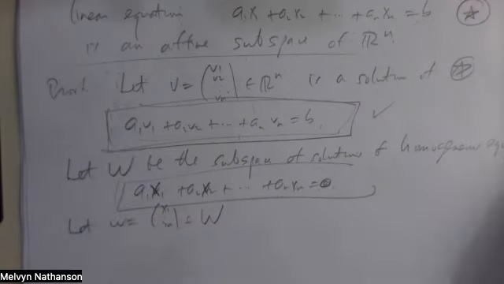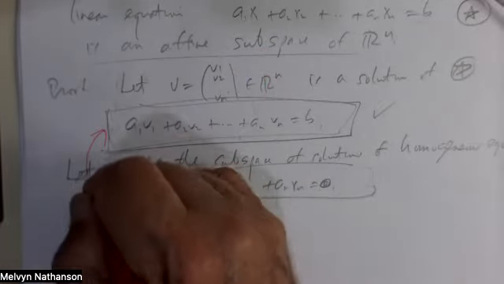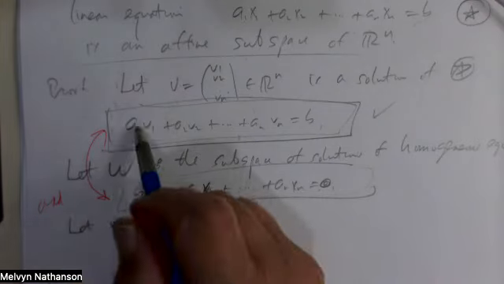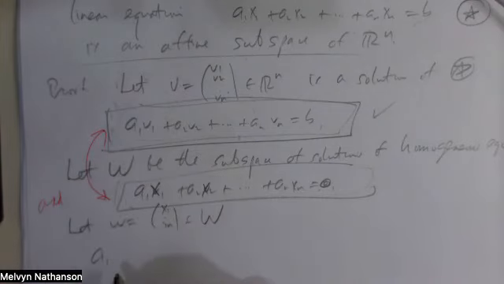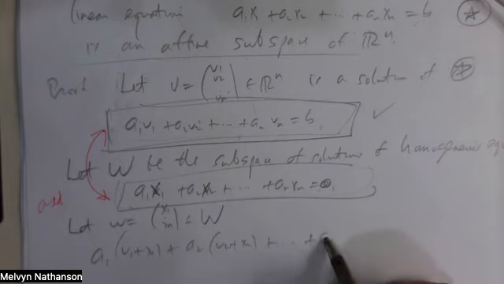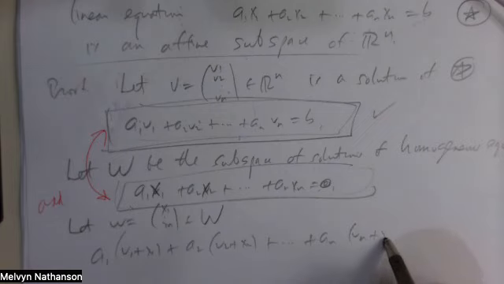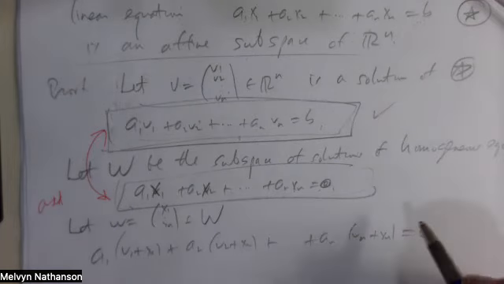Suppose I add these two equations. So I get a1(b1 plus x1) plus a2(b2 plus x2) plus ... plus an(bn plus xn) equals, sorry, b plus 0 equals b.